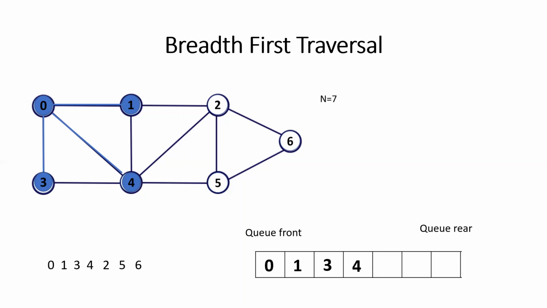If we don't have any unvisited adjacent vertices for the vertex which is in front of the queue, then delete that vertex. So we have finished exploring all the adjacent vertices of vertex 0. So what we have to do? We have to remove vertex 0 from the queue.